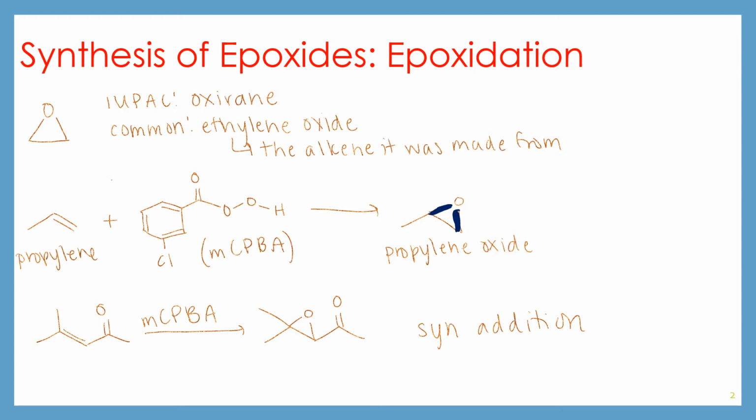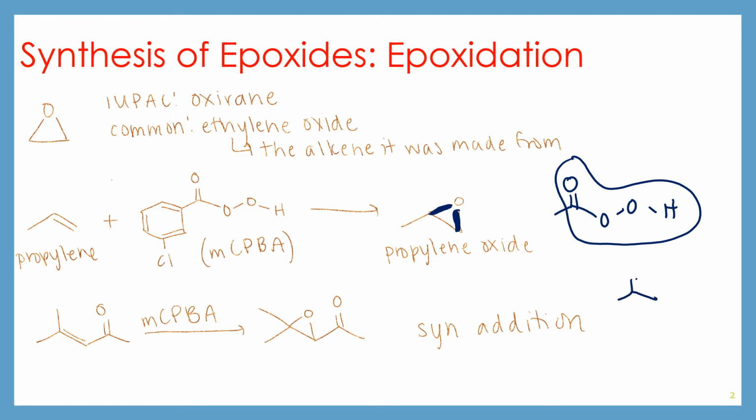Now, something that you do see in practice problems, not just in our homework, but online, also in other textbooks and things like that, is that MCPBA is not the only peroxycarboxylic acid that can do this. So anytime that you see the peroxycarboxylic acid group, which is specifically this, right?